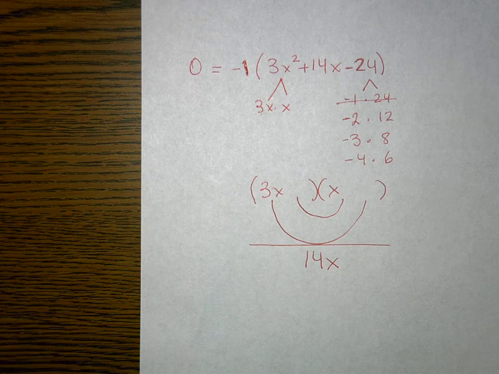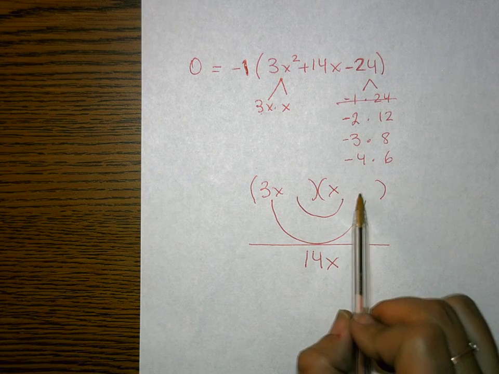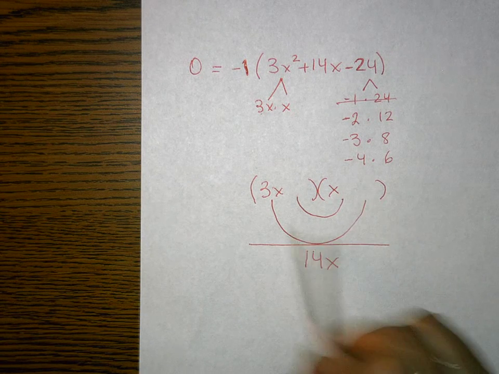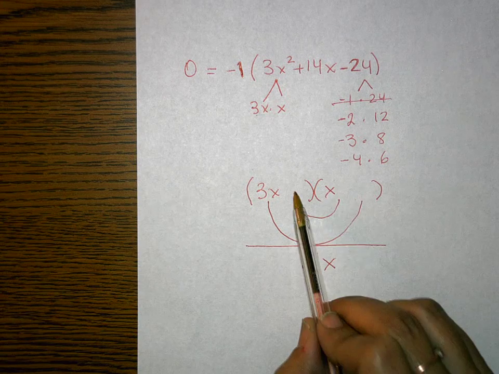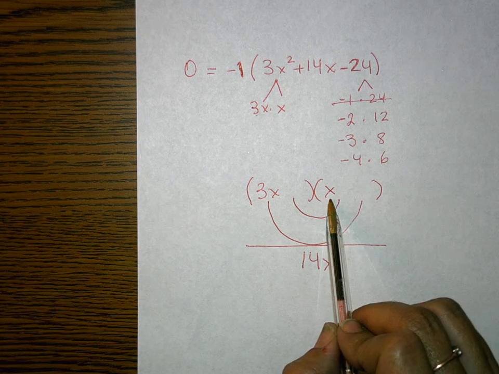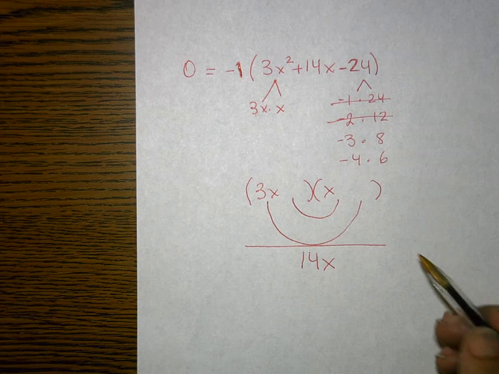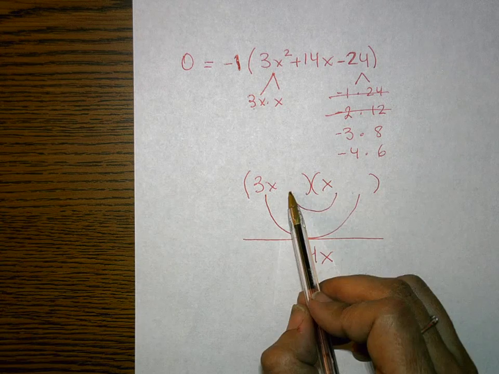If I put 12 here, positive 12, it gives me 36, and negative 2 would give me just a negative 2. That is way too big as well. Even if we switch it around, it still doesn't give us what we need.